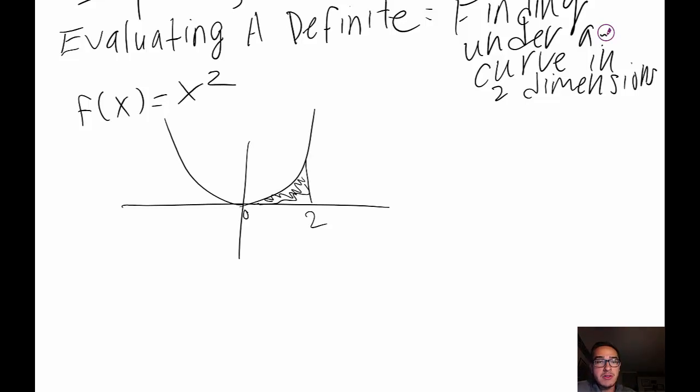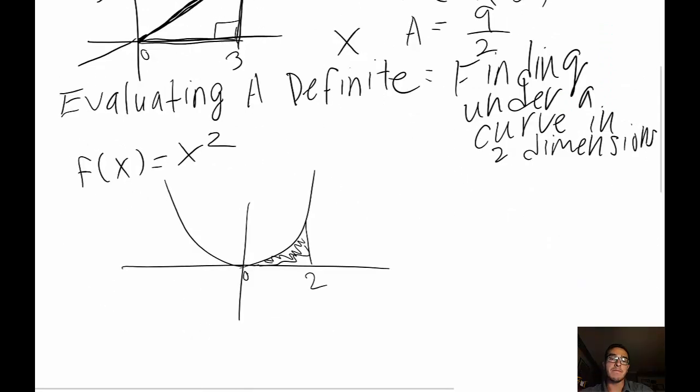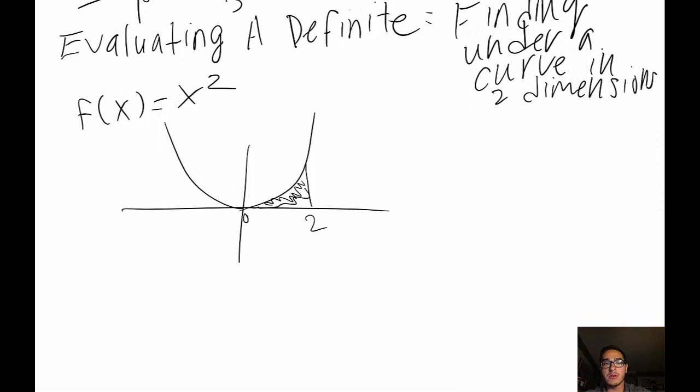So in this case, we would have to use the definite integral to evaluate from 0 to 2. That's basically, when you get into more complex problems, you have to use the definite integral because there's no area formulas for some functions that you have to find the area under the curve. Or there's going to be some functions that you have to find the area under that frankly don't have a formula for it.